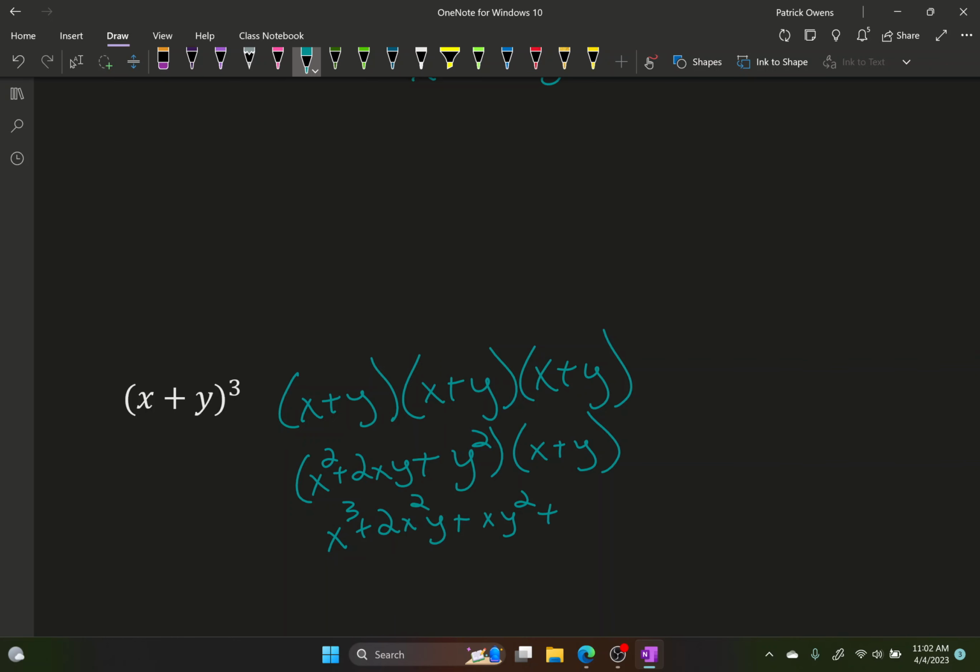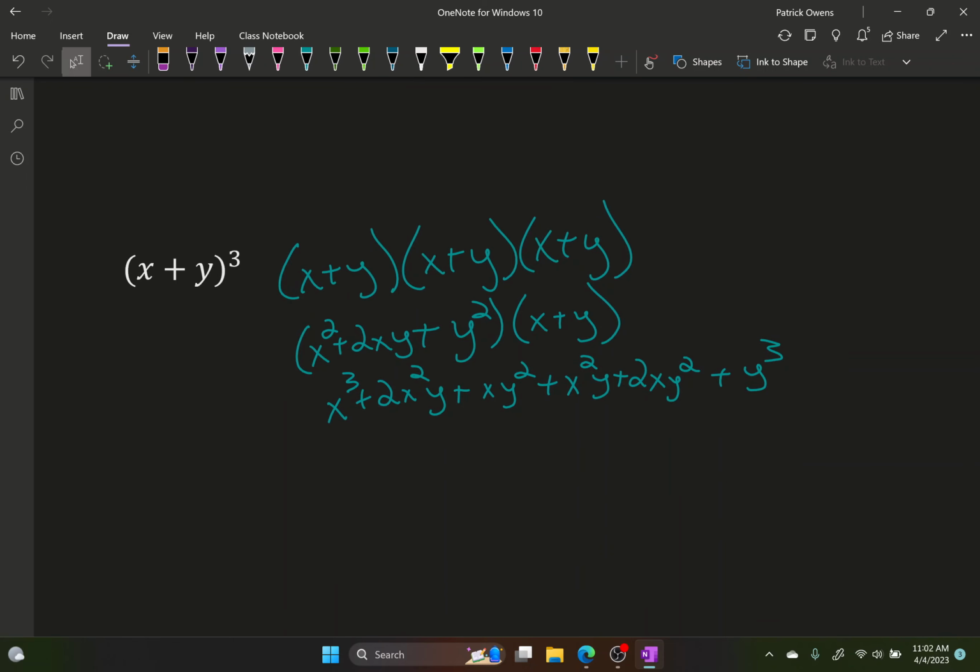And then multiply the y by every term. And there's a lot going on. But we can combine some like terms and end up with x cubed plus 3x squared y plus 3xy squared plus y cubed. A little more space, a little more work, but it's something that we can do.